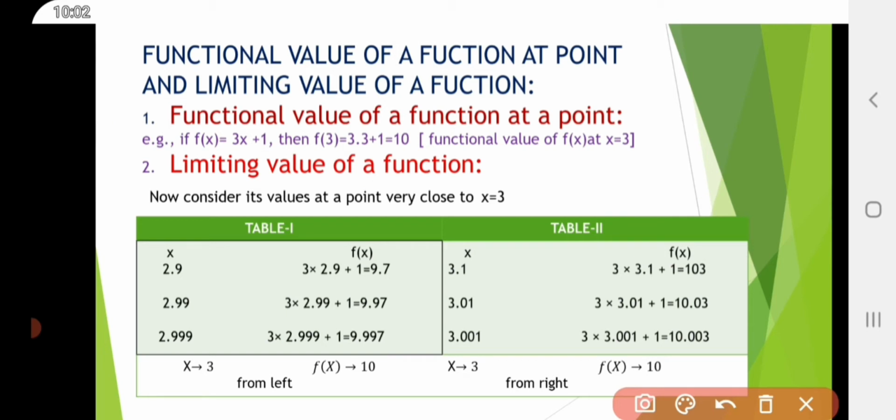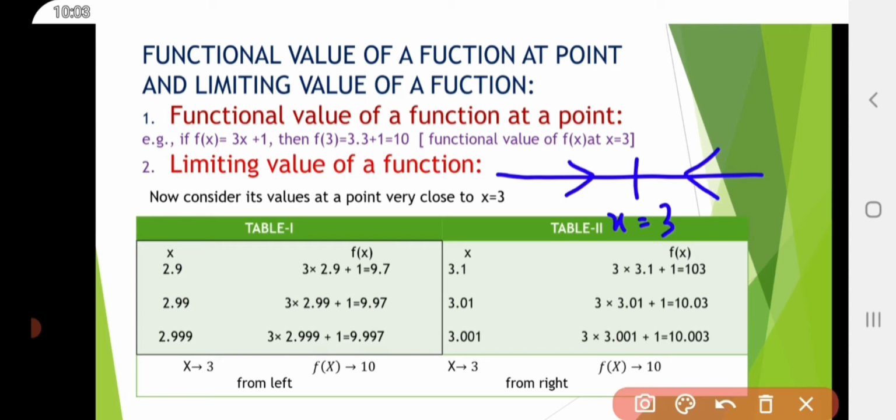Now we shall find the limiting value of the function f of x equal to 3x plus 1. Now consider its values at a point very close to x equal to 3. We can approach x equal to 3 from the left hand side as well as from the right hand side.